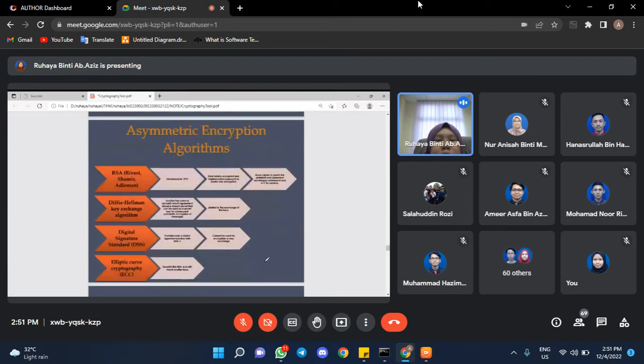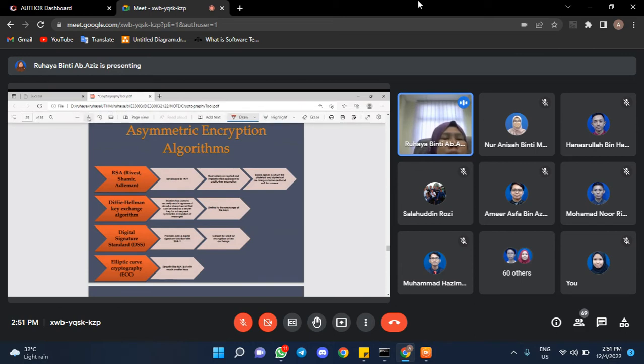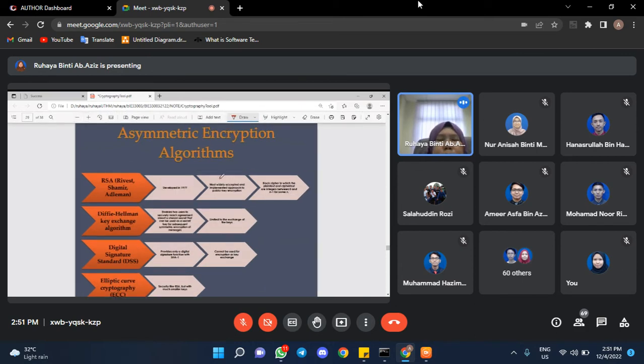Ni dia asymmetric encryption algorithms. We have RSA, Rivest-Shamir-Adleman. Dia di-introduce 1977. Sekejap.